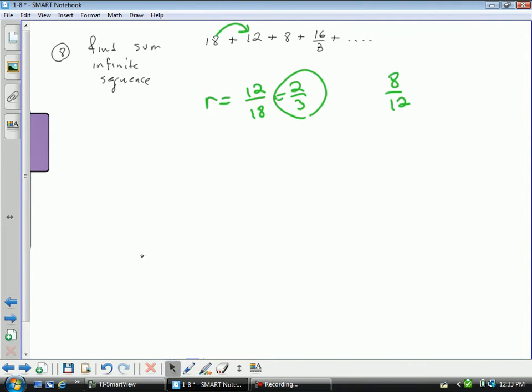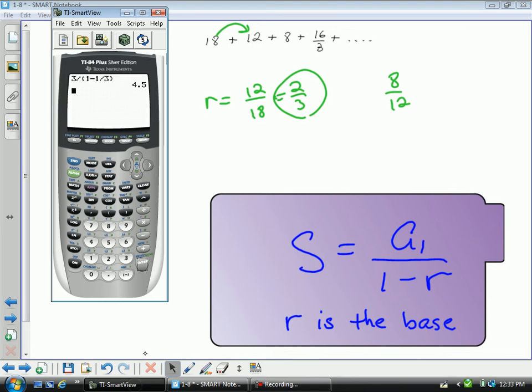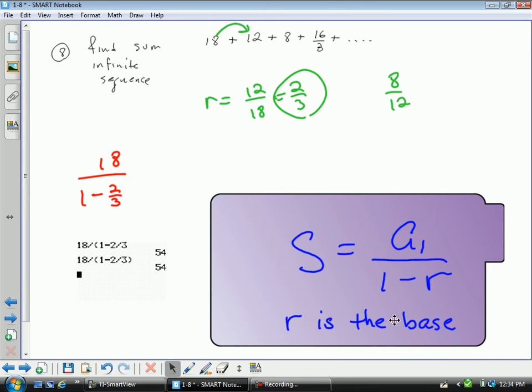So again, we're going to be using this formula. 18 is our first term, 1 minus our common ratio. It seems too easy, I know, but sometimes math isn't always that hard. I'm just checking. So 54 is the answer.